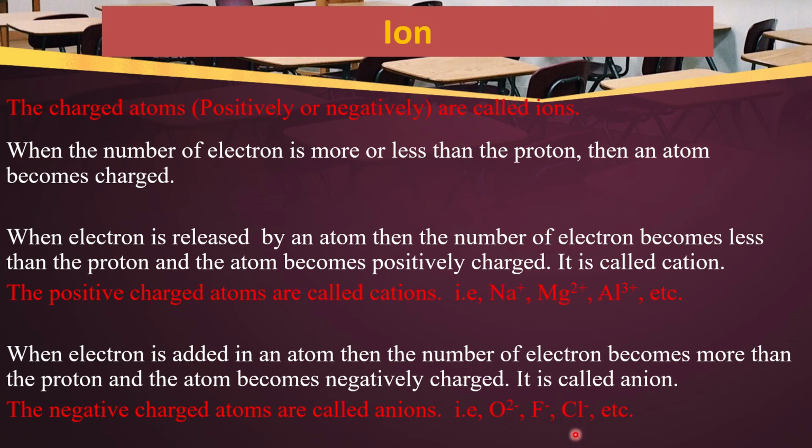Fluorine and chlorine, they have 7 electrons on their outermost shell, so they will accept 1 electron each and they will become mononegatively charged. Mono means 1, di means 2, tri means 3. So these are the examples of anion.